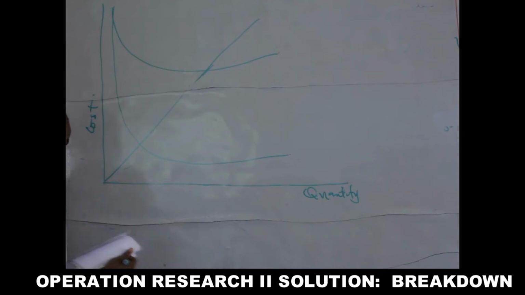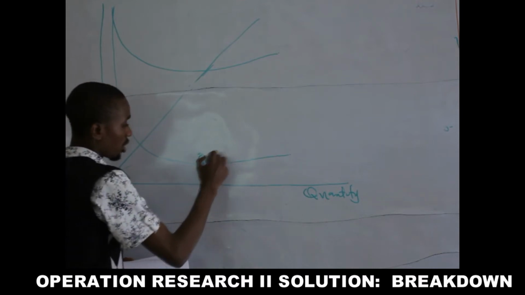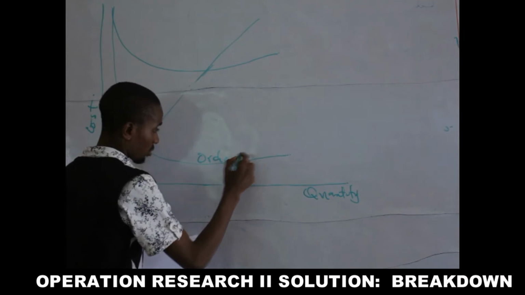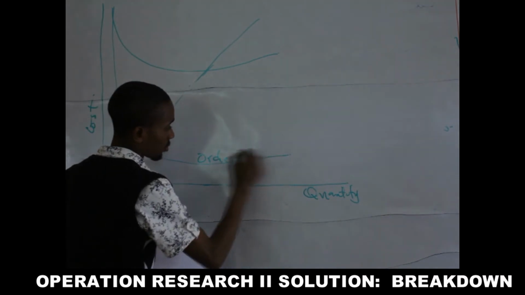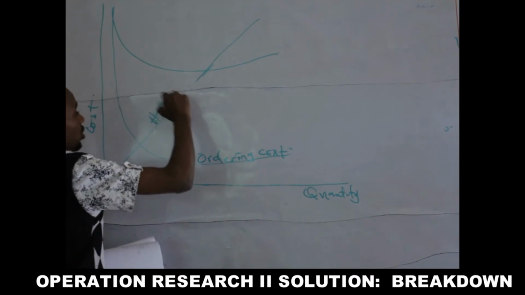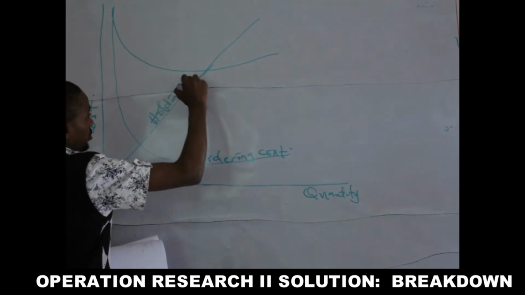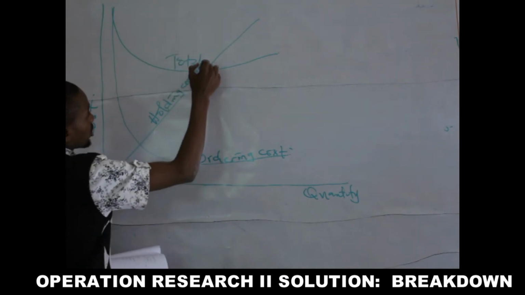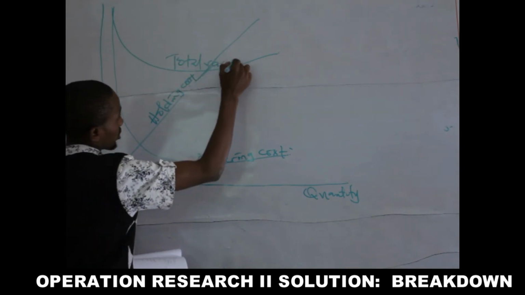In the graph, we are going to have here the ordering cost, here the holding cost, and here will be the total variable cost.